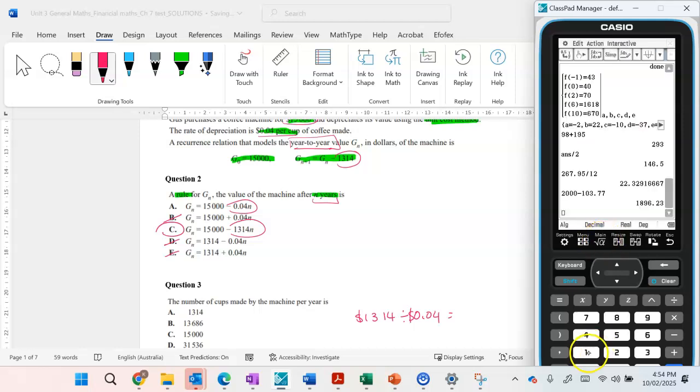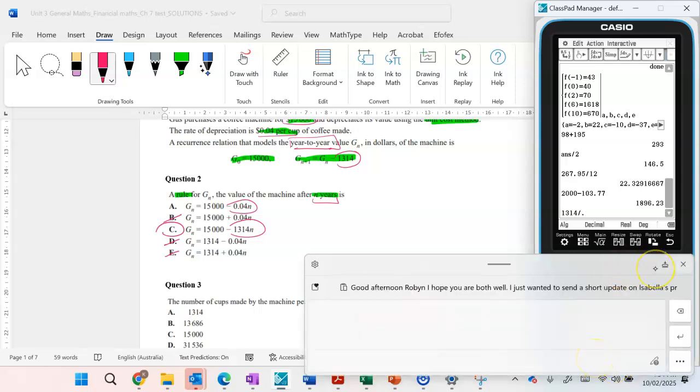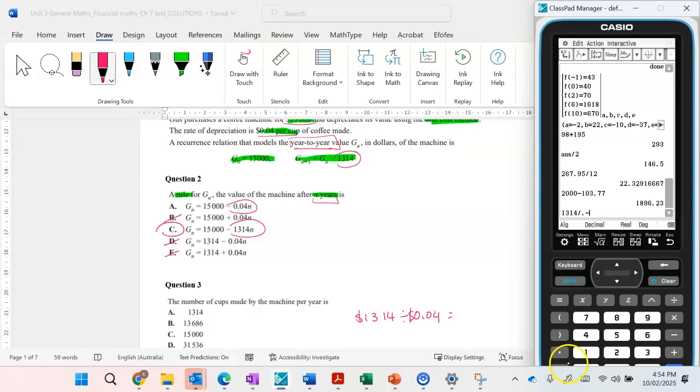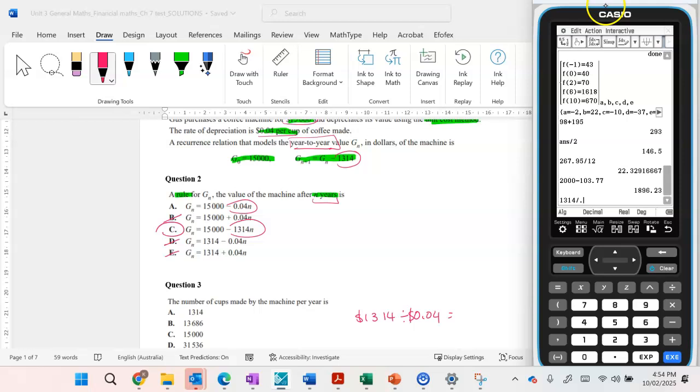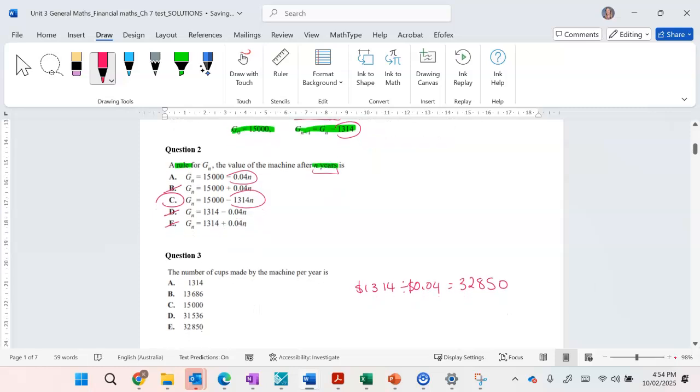So it's 1314 divided by 0.04. There we go. All right, so 32,850. So that's how many cups are made each year. All right, so quite a few.